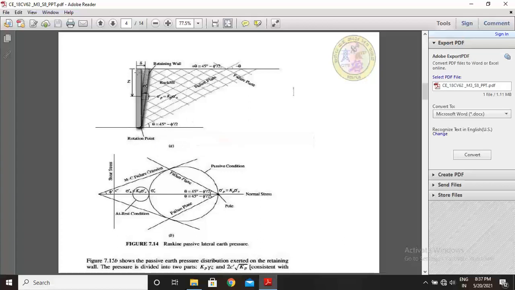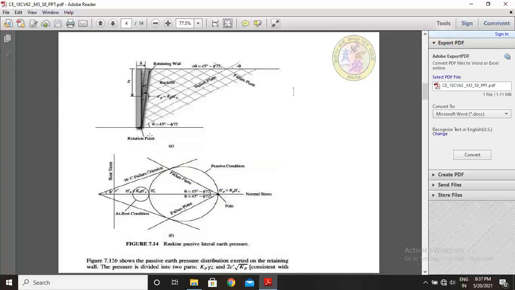The wall is moving towards the backfill, which we define as passive earth pressure. This side is plus theta and this side is minus theta.